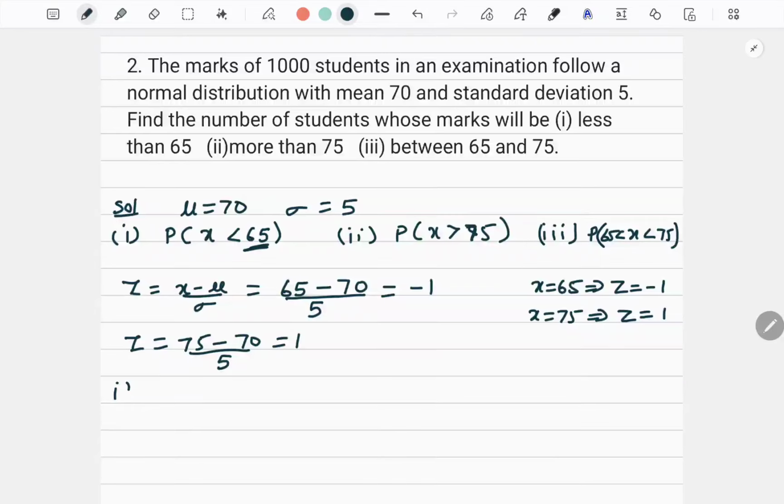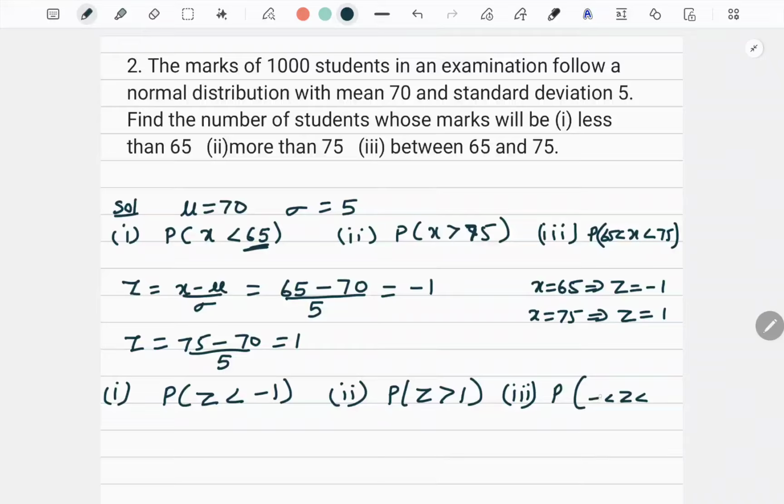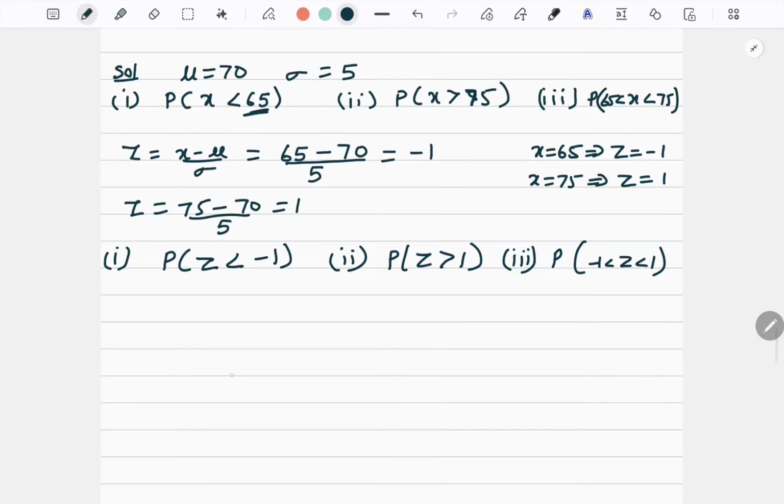Now my question is, I have to find the probability for z is less than -1. Second, probability for z is greater than 1. And third, the probability for z is between -1 and 1. Correct? So let us draw the normal curve.